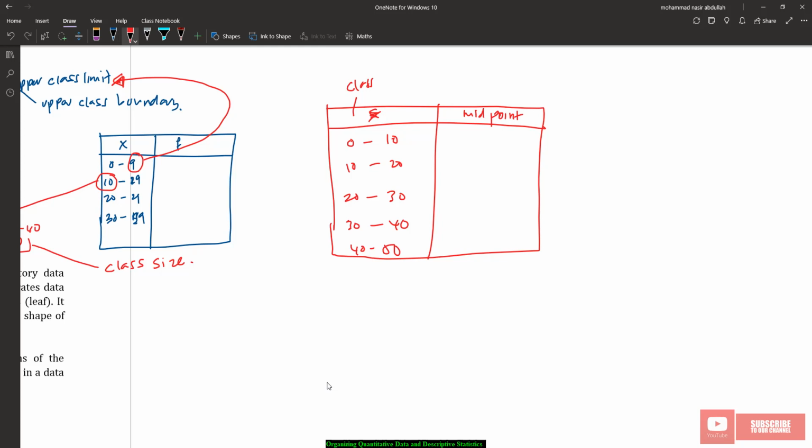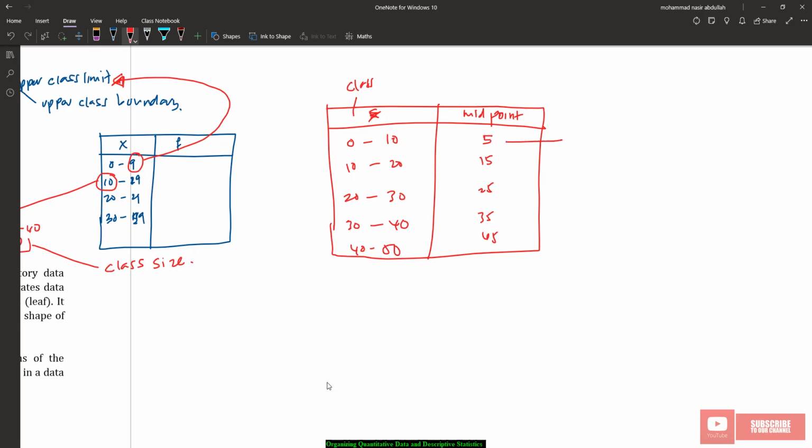The middle value, 10 plus 0 divided by 2, so we get 5. 10 plus 20 divided by 2, so we get 15. Then 25, 35, 45. The middle value is called the midpoint.